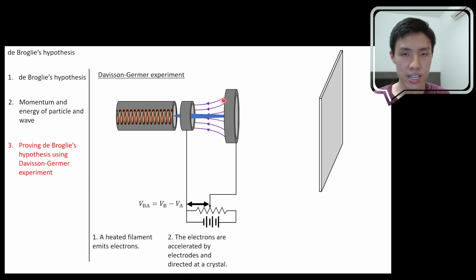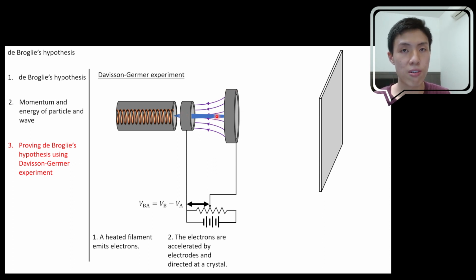This pair of electrodes serves to speed up the electrons when they come out from the opening. You speed up the electrons, then you direct the electrons, which are now moving at a higher speed, towards this nickel crystal. To understand why it is being sped up, you can think of it this way: this is a positive electrode, and the electron is negatively charged.